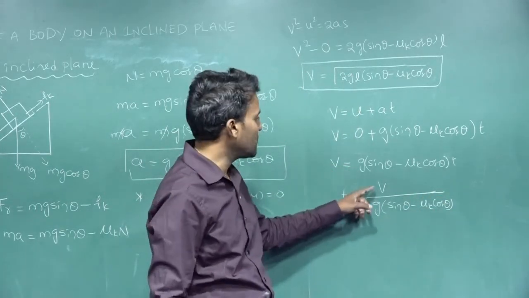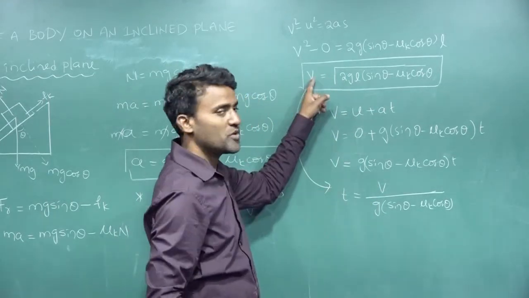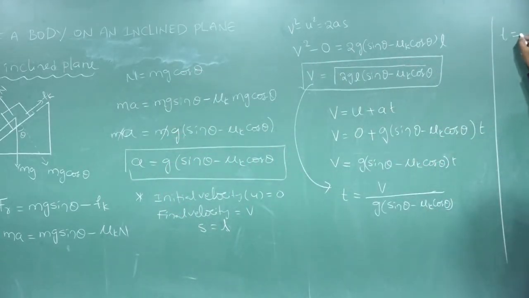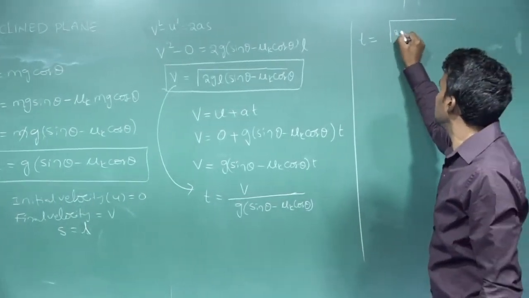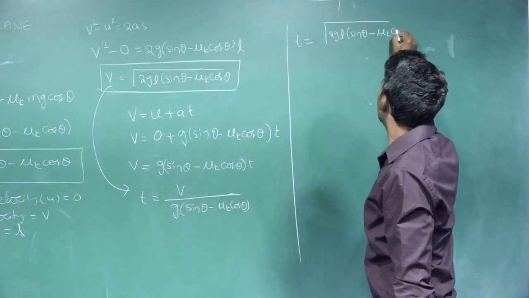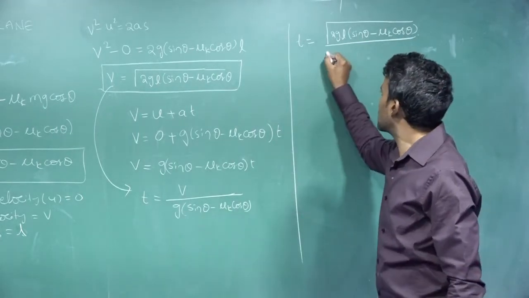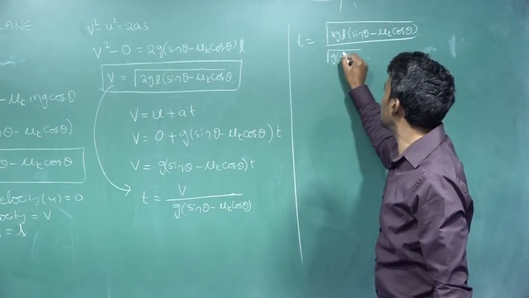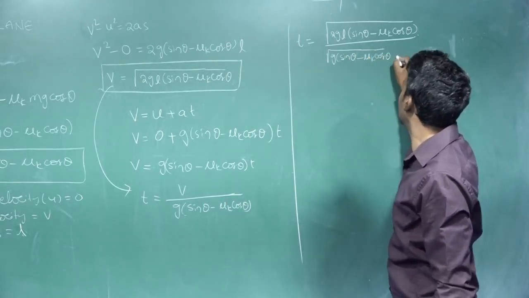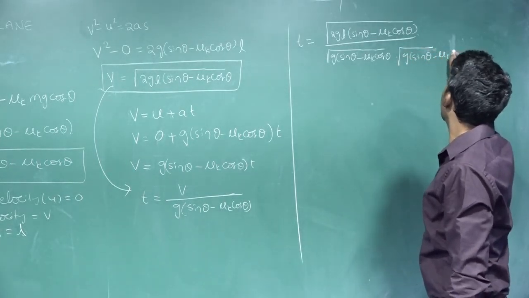Here, what is the velocity? This is the final velocity. This equation we are substituting in this one. At that moment, you can write t is equal to under root of 2gL into sin theta minus mu k cos theta, divided by g sin theta minus mu k cos theta into g sin theta minus mu k cos theta.